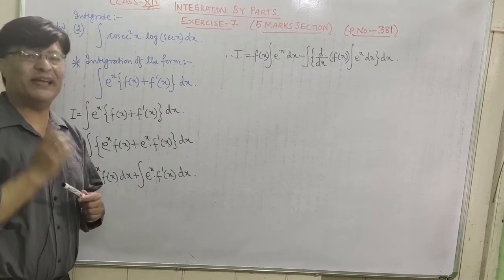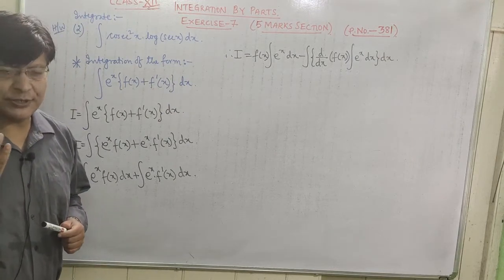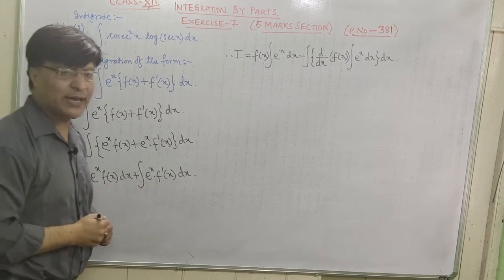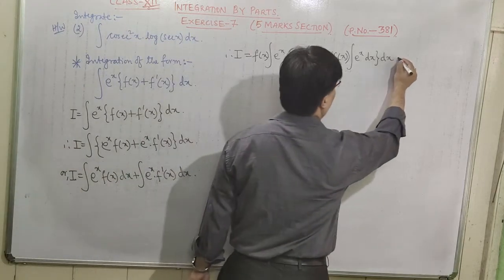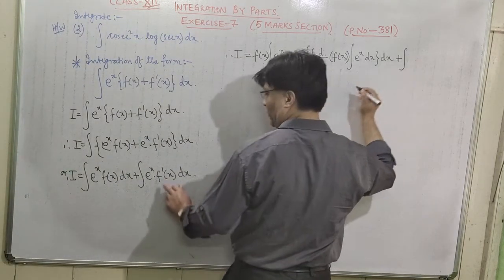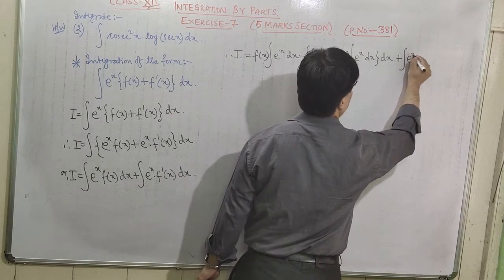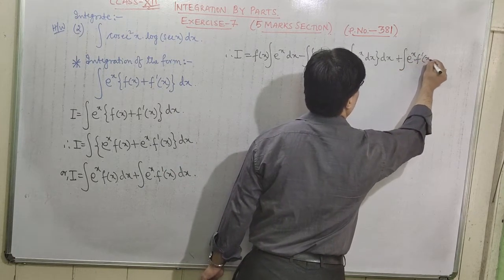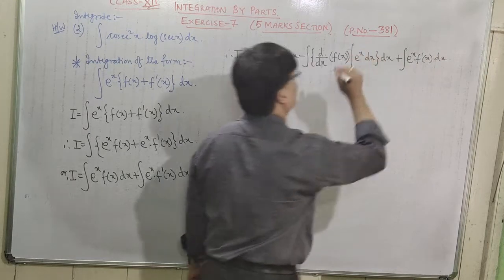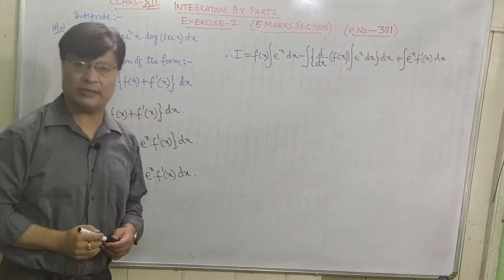So this is your method of integration by parts. Now keep the second term as it is. What is the second term out here? Plus integration of, this is e to the power x into f dash of x dx. So I think you have understood it.